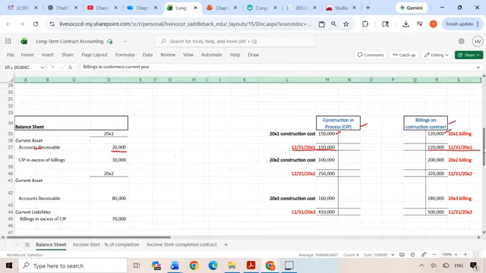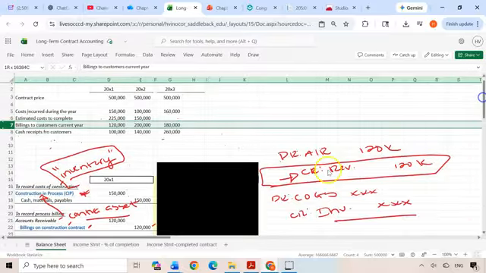So we're going to report our accounts receivable of $20,000, and we're going to have what's called CIP, which is the construction in process, in excess of billings for $30,000, and that is the $150,000 less the $120,000 at the end of year one.